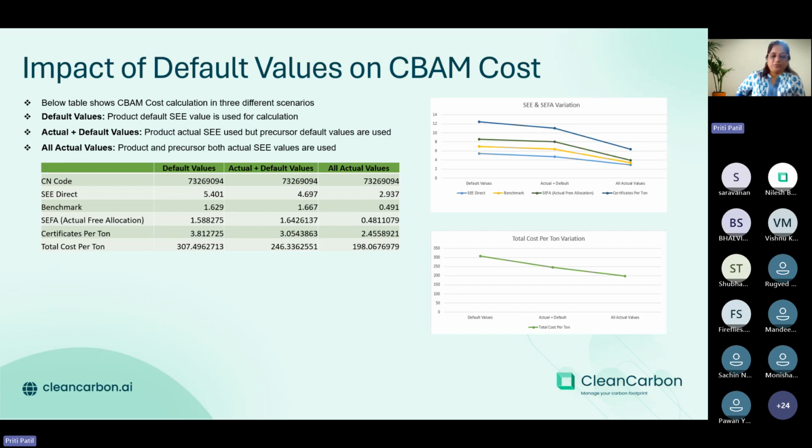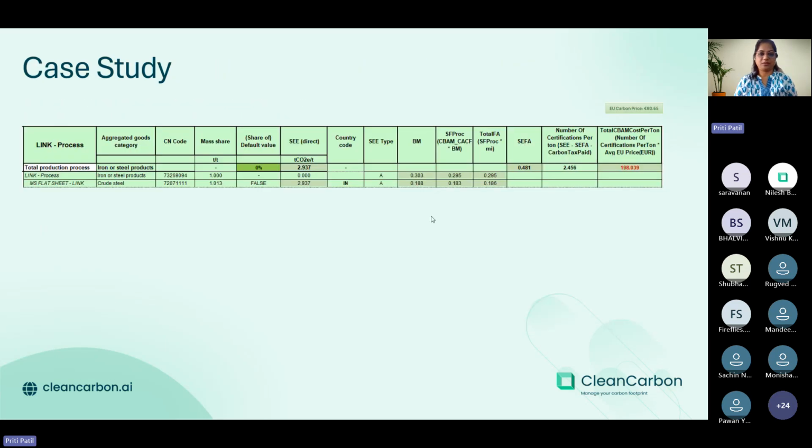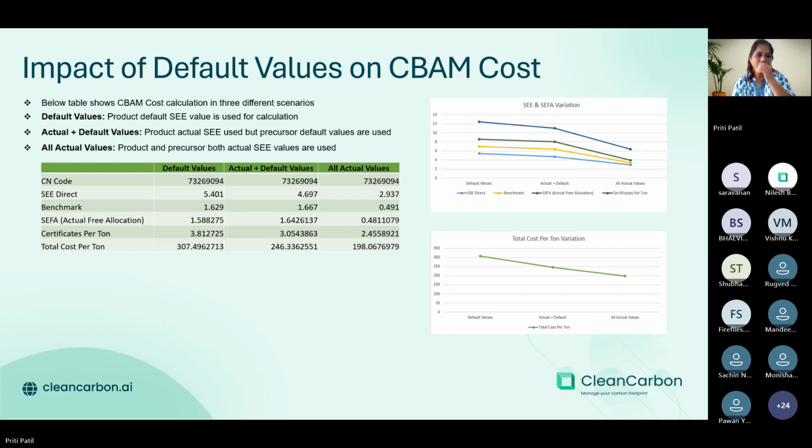Now we have seen here, since it is actual, these two benchmarks were applicable. And now let's see how, if we use default values, it impacts our cost. This below table shows CBAM cost calculation in 3 different scenarios.